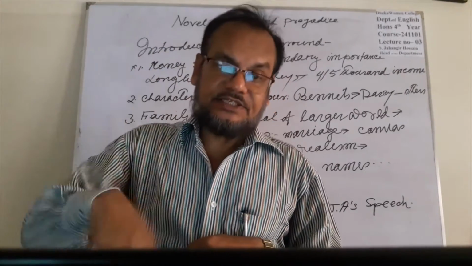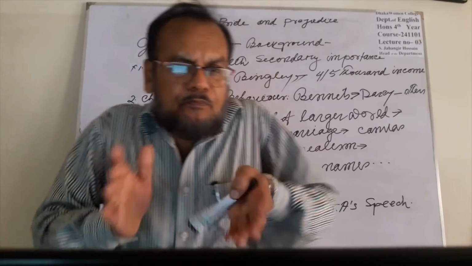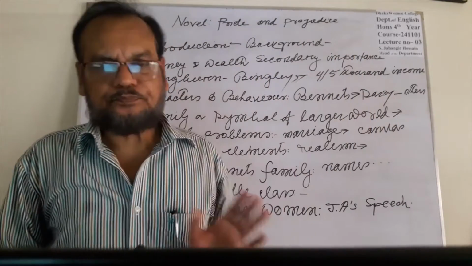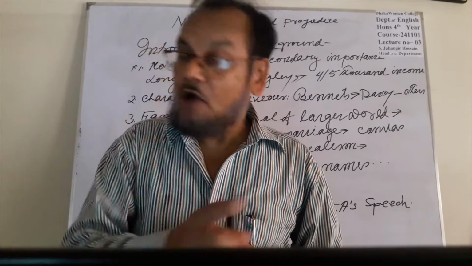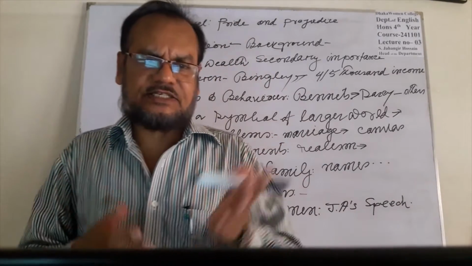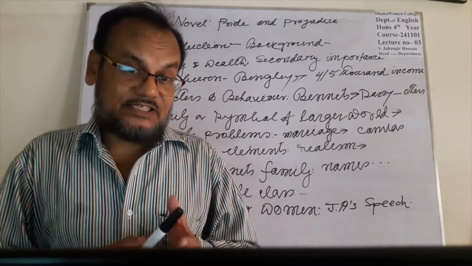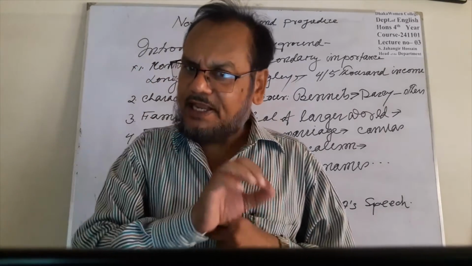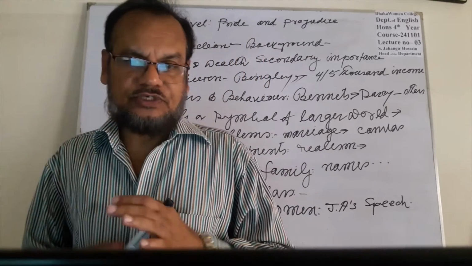So reality is introduced here through the characters. If marriage is not the most of the problems, it is undoubtedly a vital and serious problem in life. So Jane Austen's reminiscences are here through burlesque in Pride and Prejudice.